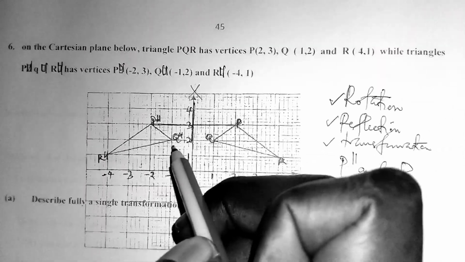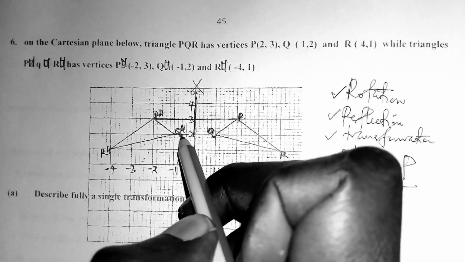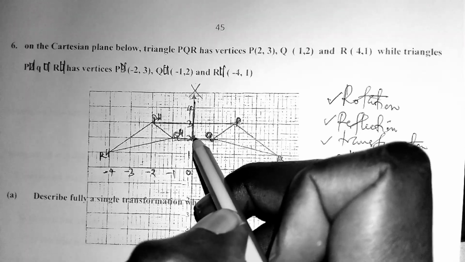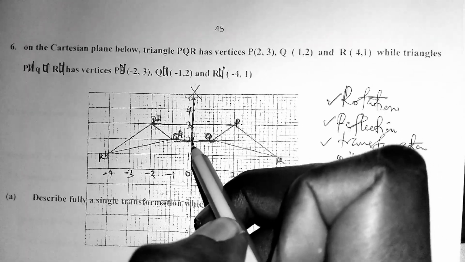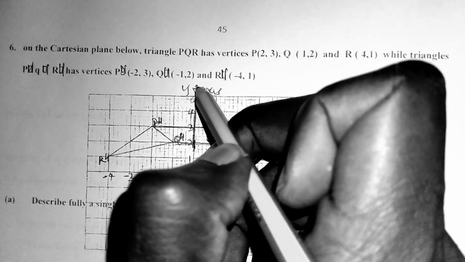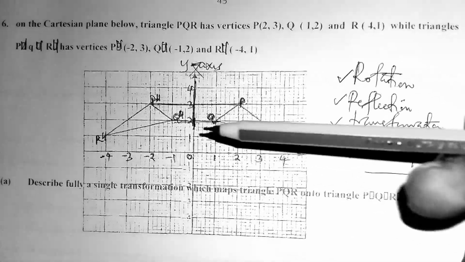Again, if you apply the same method to Q double prime and Q, you join the 2 points and bisect, and again you find that the y-axis is your bisector. So it means it is a mirror.